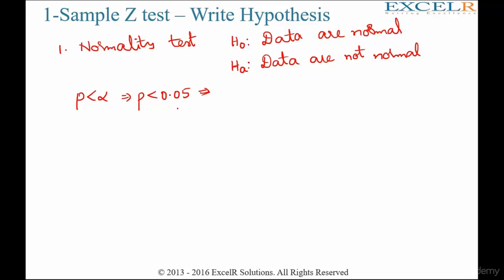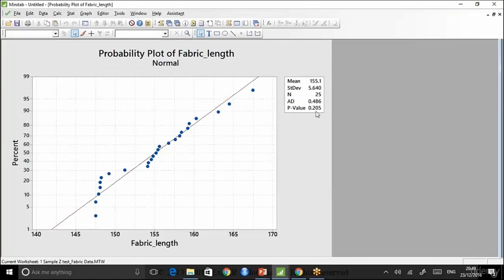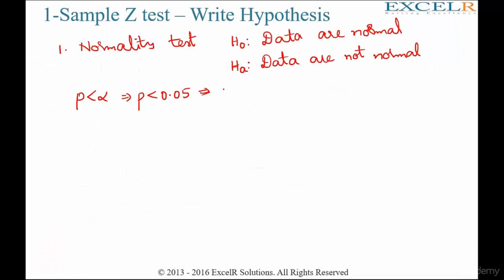But the p-value in our scenario happens to be 0.205, which is of course greater than 0.05. It implies that P is high.